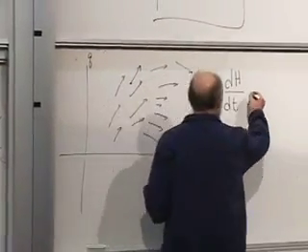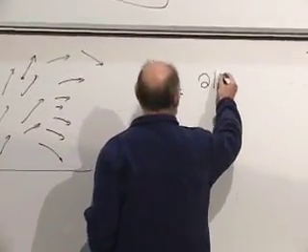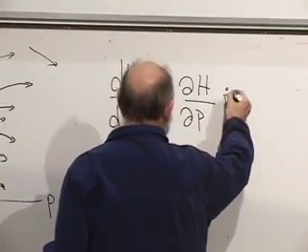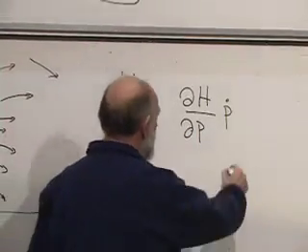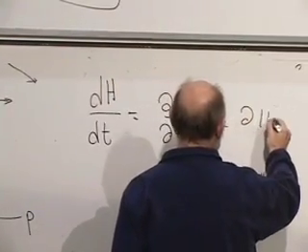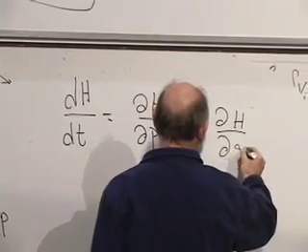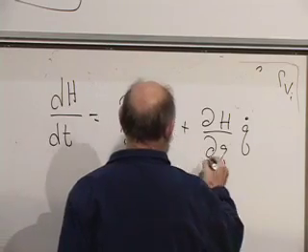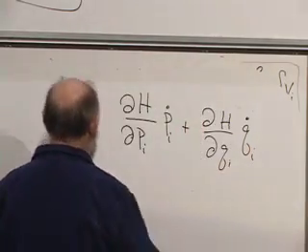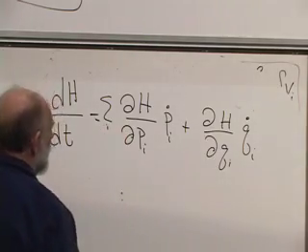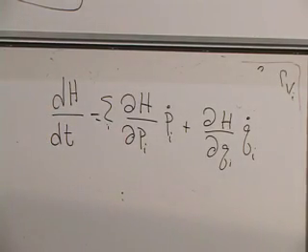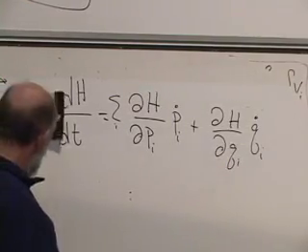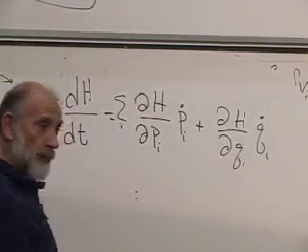It's equal to the derivative of H with respect to p times p dot plus the derivative of H with respect to q times q dot, summed over i. The change in H when you change p times p dot plus the change in H when you change q times q dot. That's the change in the Hamiltonian per unit time.